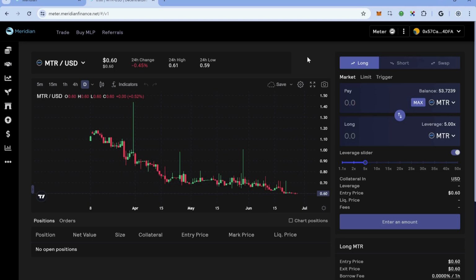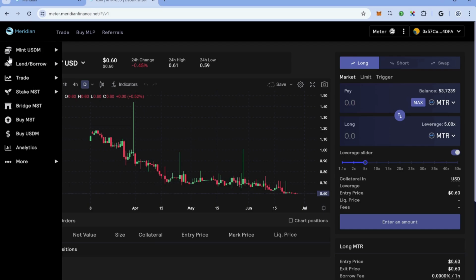And for all those who might be familiar with the Meridian Trade platform from earlier days will notice that we finally got dark mode. So we're super stoked about it. Everyone wanted dark mode. It's here. So past the dark mode, you will also see that we have the Meridian sidebar with all the shortcuts to all the other Meridian services and products.